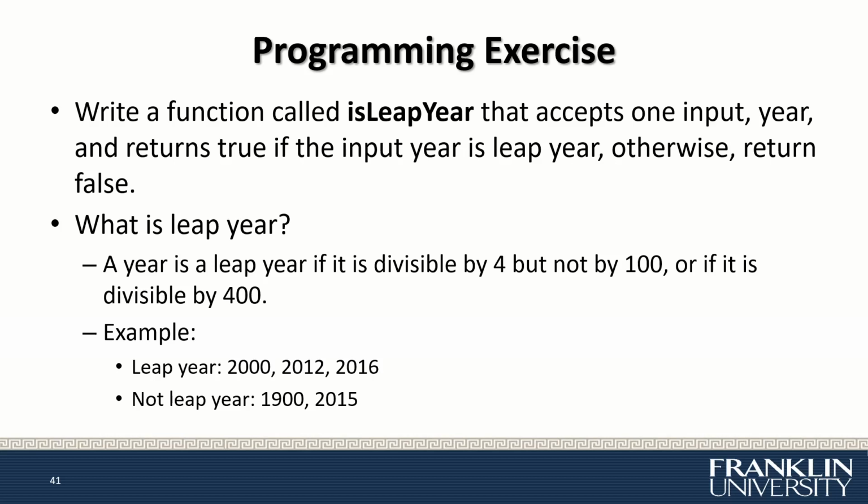Year 2000 is a leap year not because it's divisible by 4, but because it is divisible by 400. If you live long enough to see year 2100, you might be disappointed that year 2100 is not a leap year, even though it is divisible by 4. Likewise, year 1900 is not a leap year.